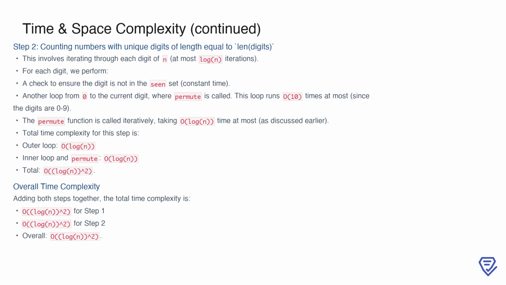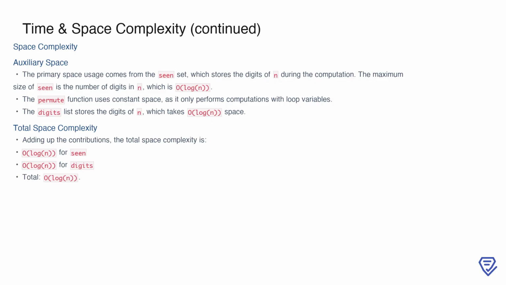When we combine the complexities of both steps, the overall time complexity of the solution remains O(log n)^2. Now focusing on space complexity, the solution uses auxiliary space primarily for the seen set, which is used to track the digits of n during the computation. Since the maximum number of digits in n is proportional to log n, the seen set requires O(log n) space.